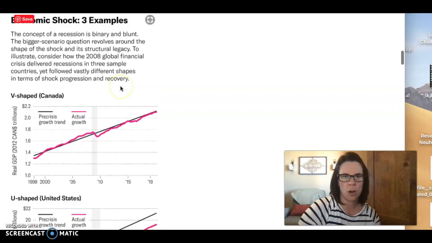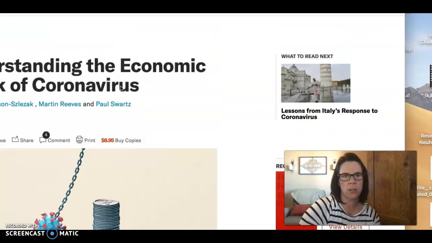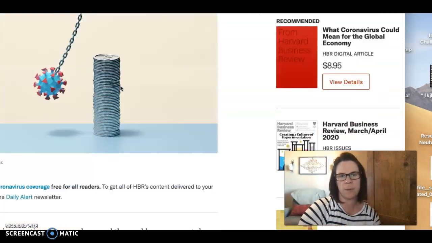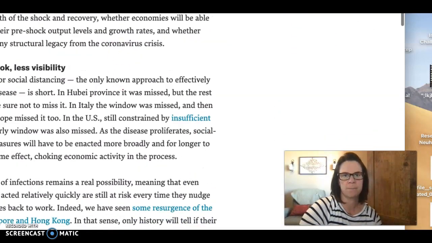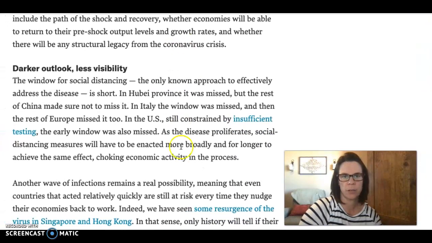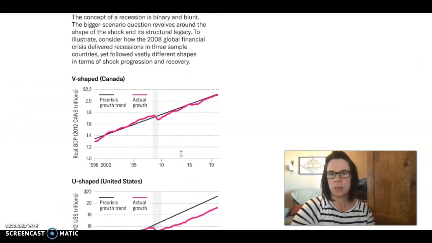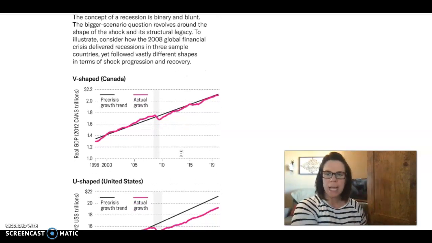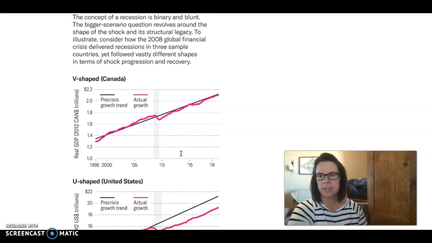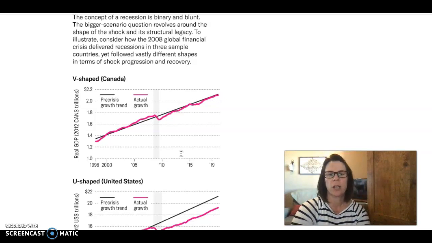So I'm going to show you this article. This article is called Understanding the Economic Shock of the Coronavirus. And this shows us what those shapes looked like in 2008 when we had the recession with different economies.